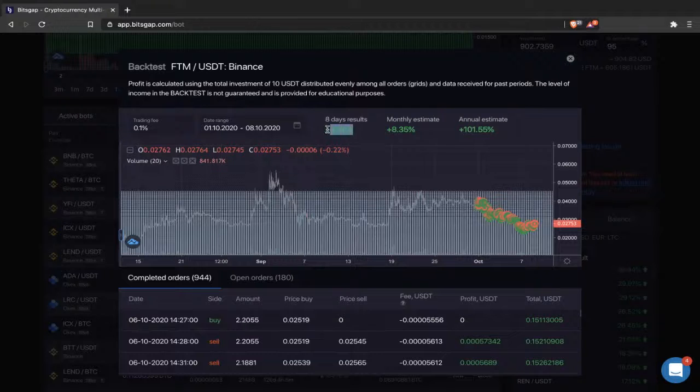It doesn't mean if within this past 8 days period the profit was 2.23%, that within the future 8 days starting from today the profit will be the same. No, but at least we can use these metrics as future projections.